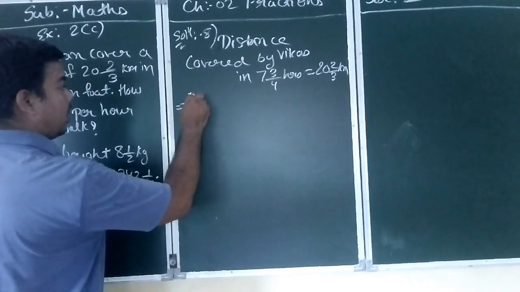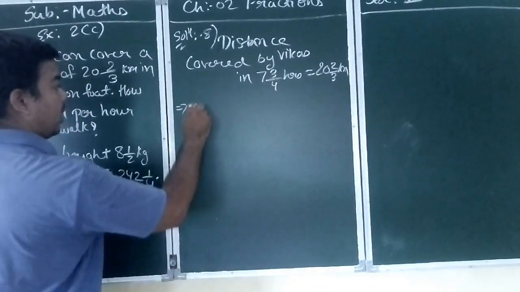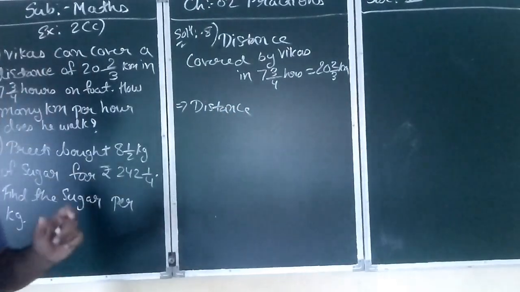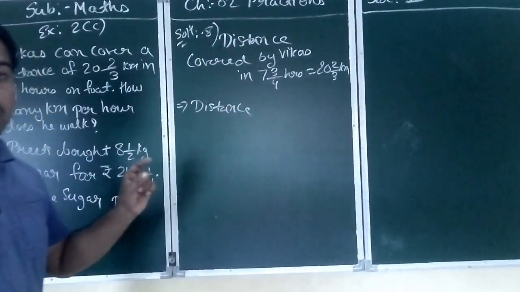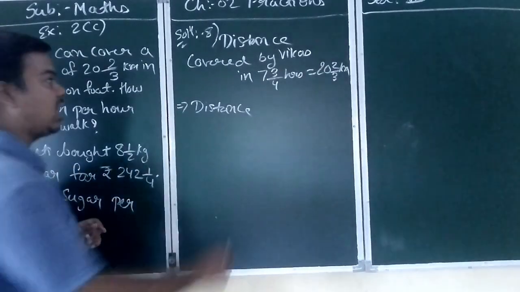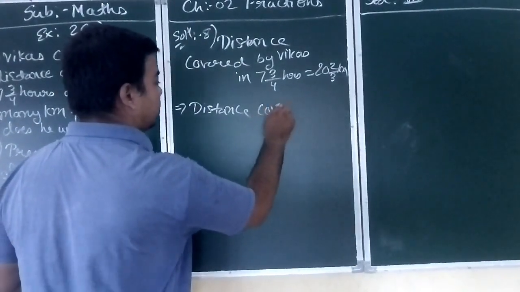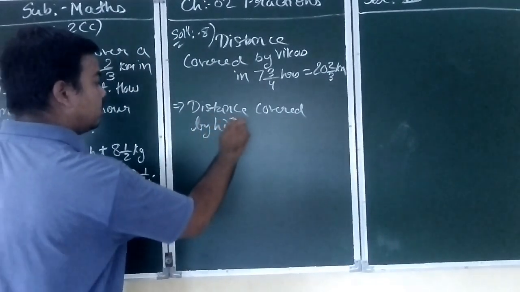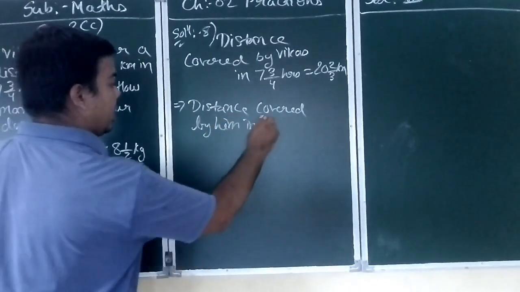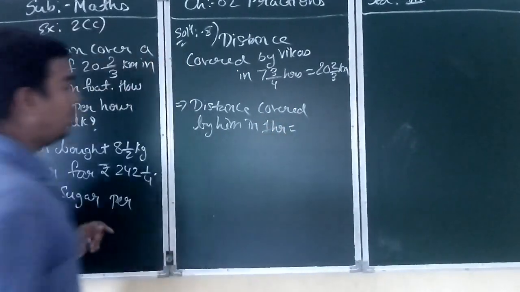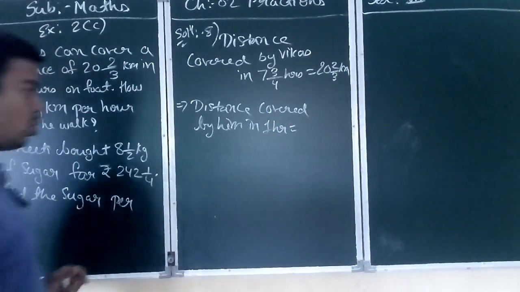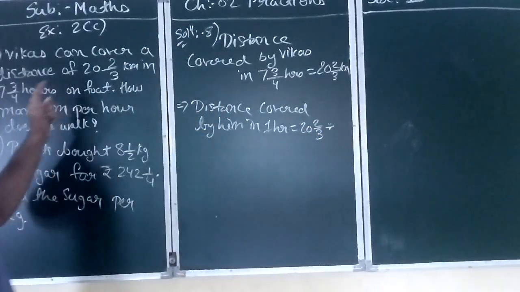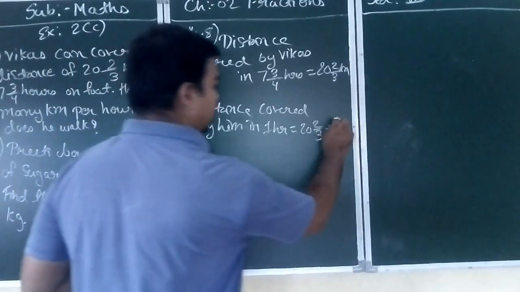Now we find the distance he travels in 1 hour. Distance covered by him in 1 hour. So what to do? Total distance 22 by 3 is divided by 7 3 by 4.